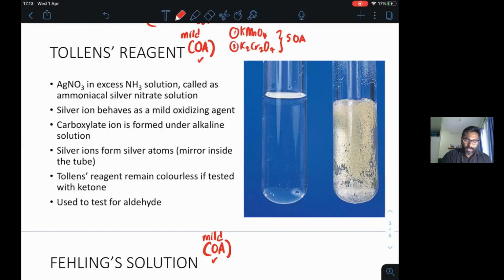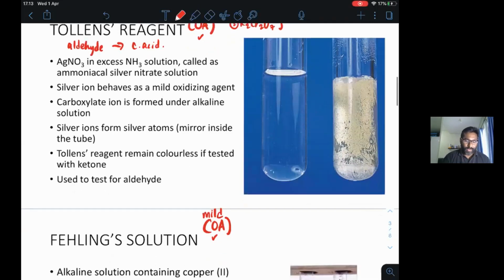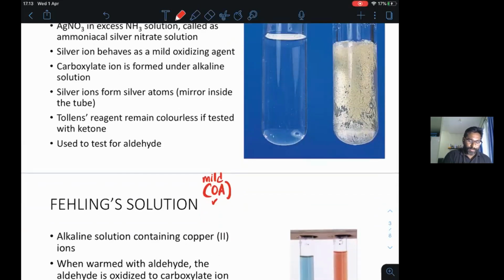But now, this mild oxidizing agent is still capable of changing aldehyde to become carboxylic acid. Fehling's solution is also still capable of changing aldehyde to carboxylic acid.